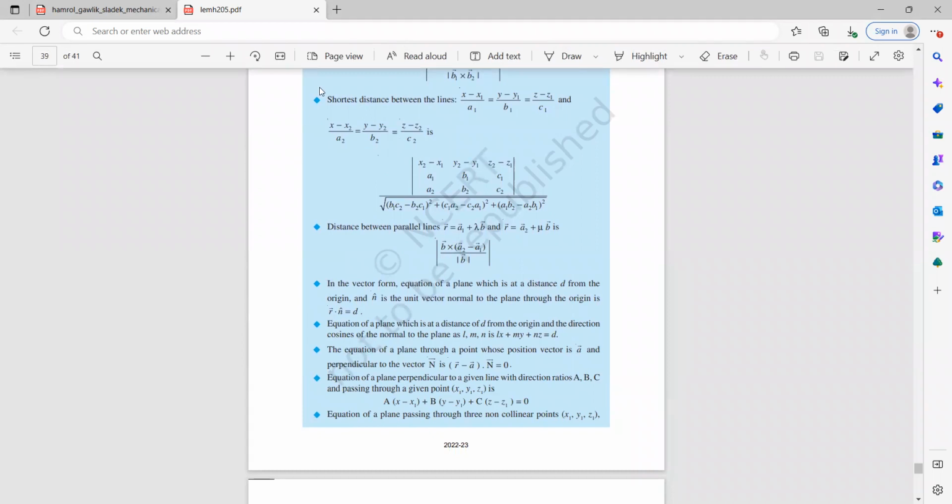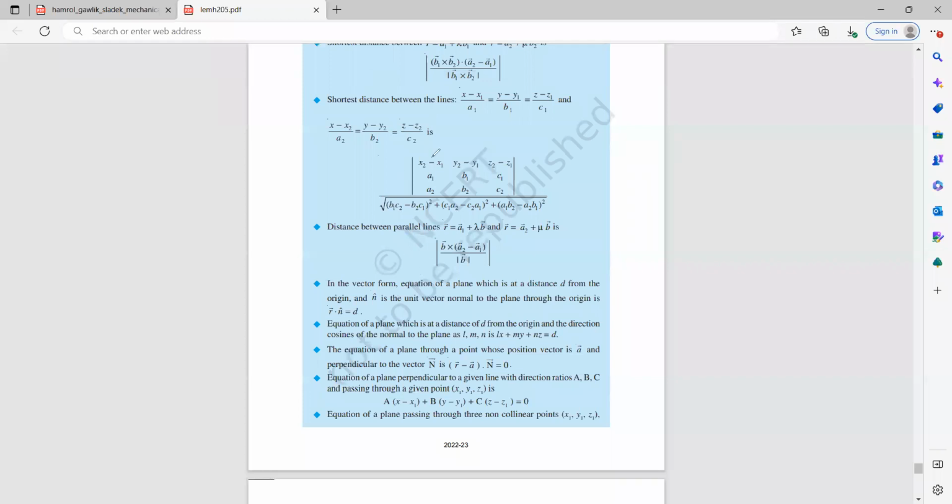First of all, you will be finding this determinant of x2 minus x1, y2 minus y1, z2 minus z1, a1 b1 c1, a2 b2 c2, and divided by the square root of (b1 c2 minus b2 c1) square plus (c1 a2 minus c2 a1) square plus (a1 b2 minus a2 b1) square. This is a very important formula, and a question will be there in your exam from this topic.